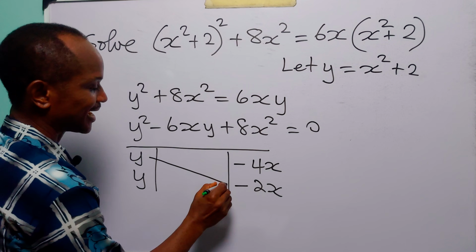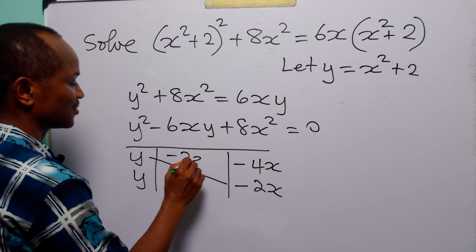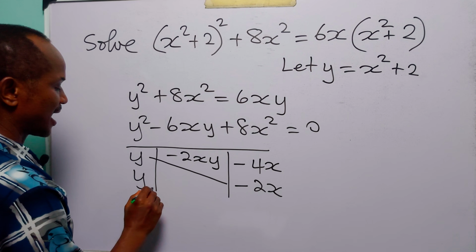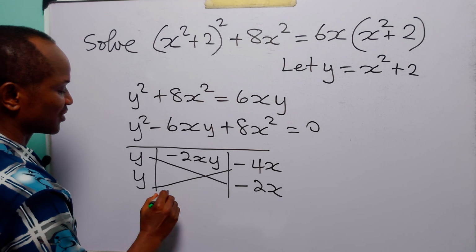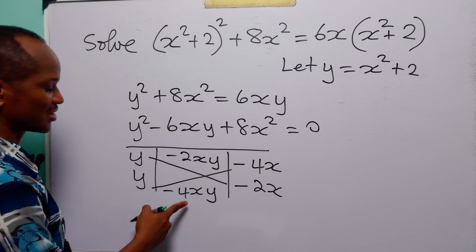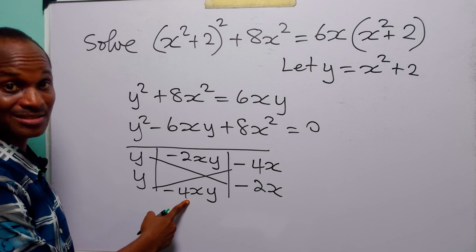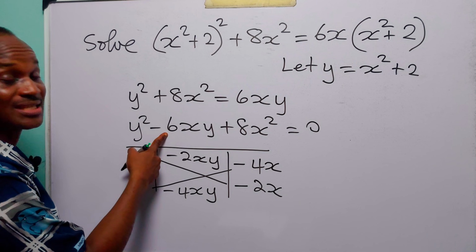Now, y times minus 2x is going to give us minus 2xy, and y times minus 4x is going to give us minus 4xy.